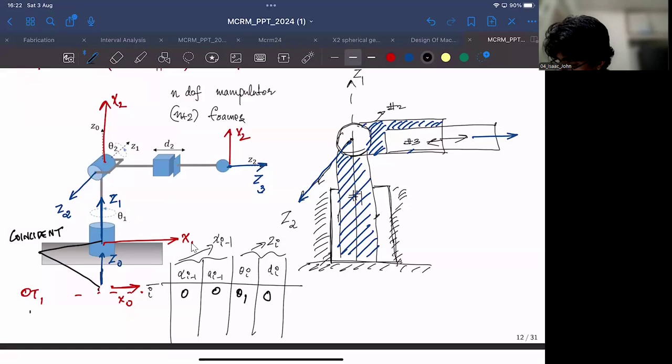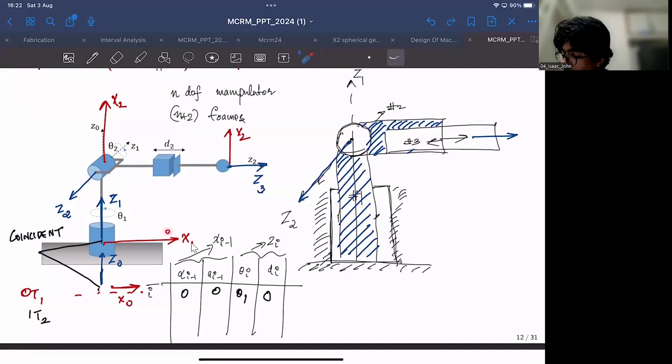Now what about 1T2? The transformation between frame 1 and frame 2. Frame 1 would be x1, z1, and frame 2 would be z2 and x2. Now the first transformation would again be rotation about x1 so that z1 and z2 can be aligned.